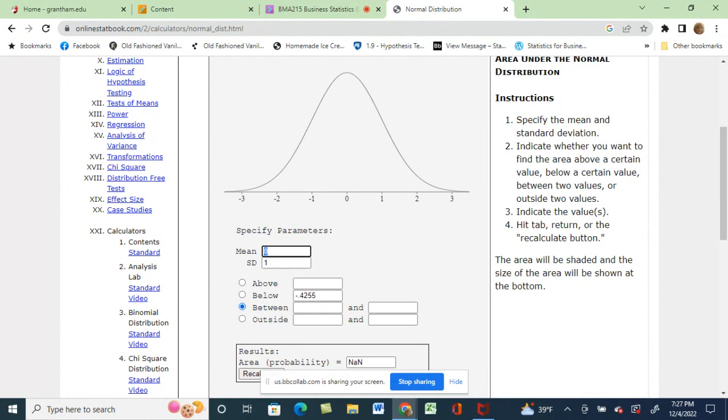I just want you to see what the z-score is used for. The z-score translates any normal curve to the standard normal curve. So the first way is to just plug in the mean and standard deviation. The second way is to find the z-scores, and then use the mean 0 and the standard deviation 1, and you get the same answer either way.